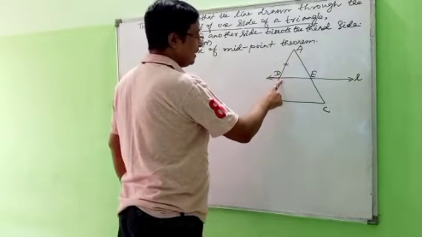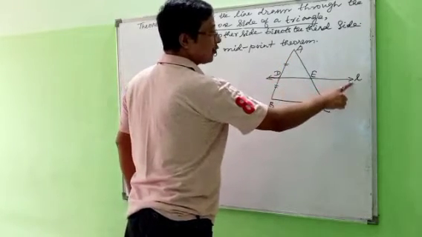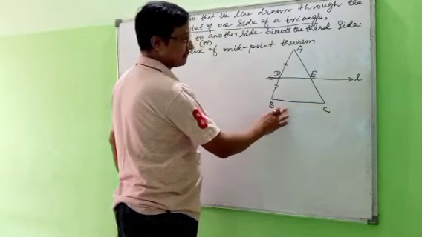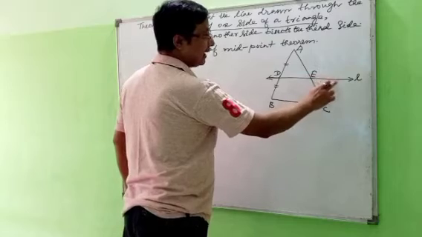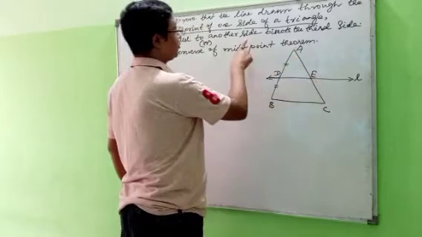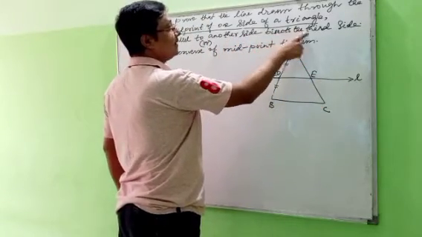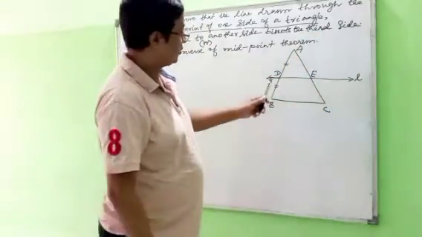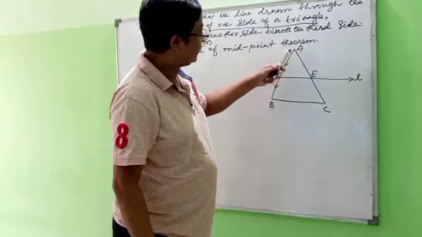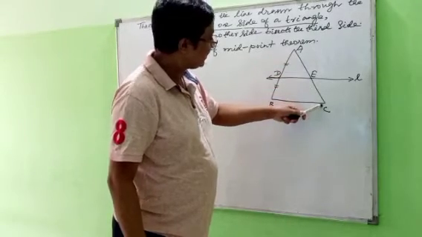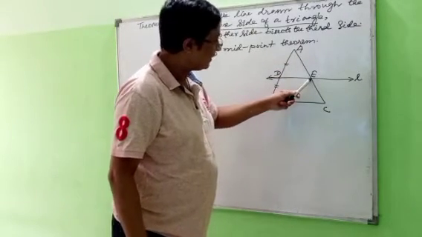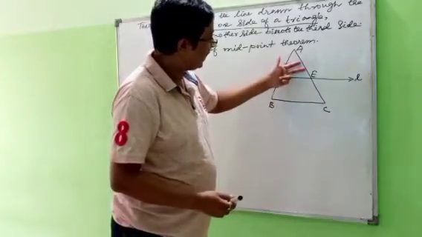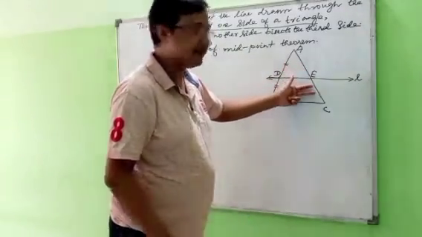Through the midpoint D, the line L is drawn parallel to the side BC, the second side. Then this line L should bisect the third side, AC. That means the line L should divide the segment AC at its midpoint E, which means you are to prove AE is equal to CE.